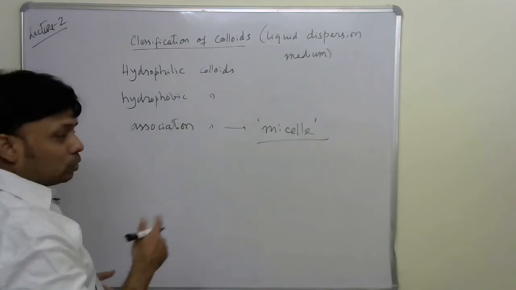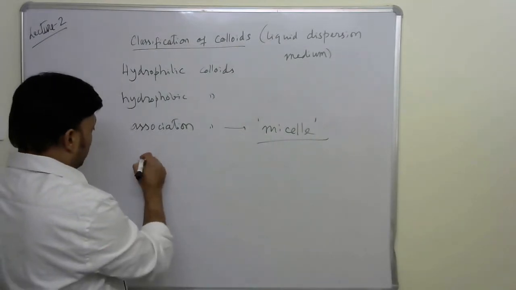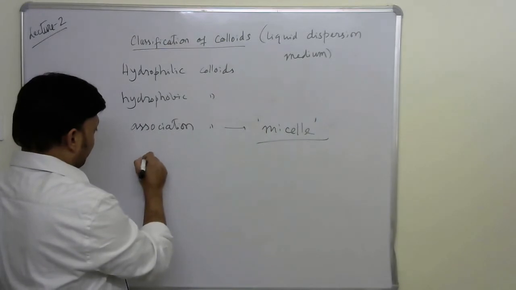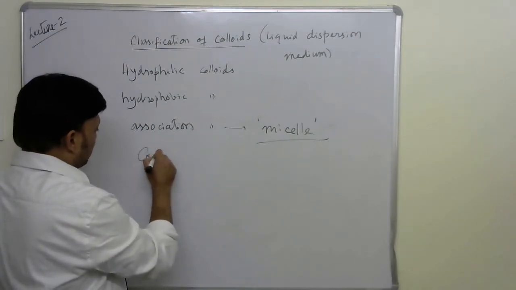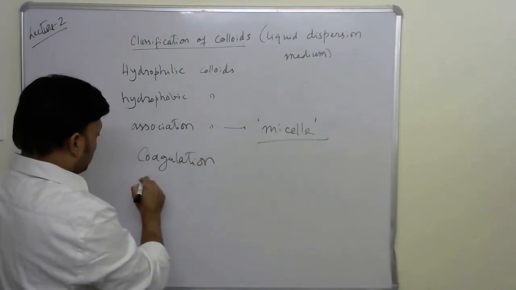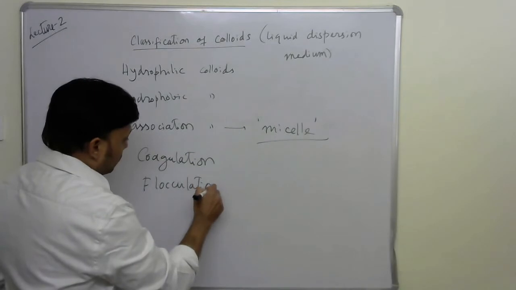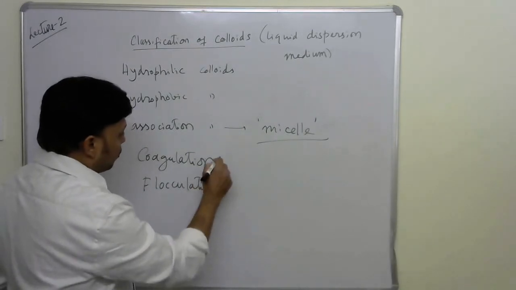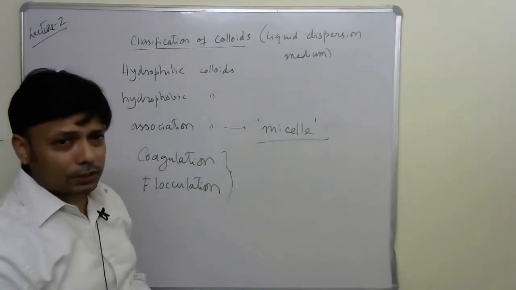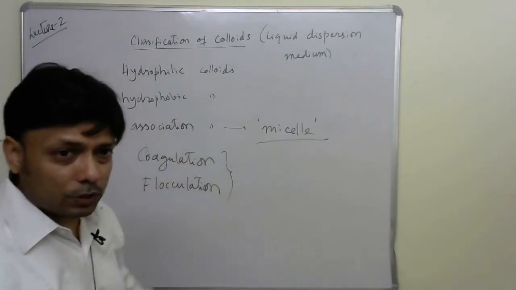And there are two more terminologies: coagulation, and another term called flocculation. These are also very important terms routinely used in terms of colloidal dispersion, mainly in aqueous medium.